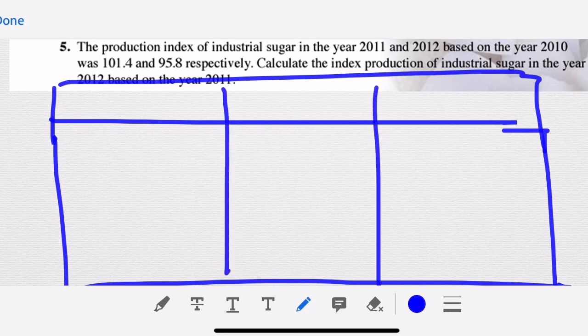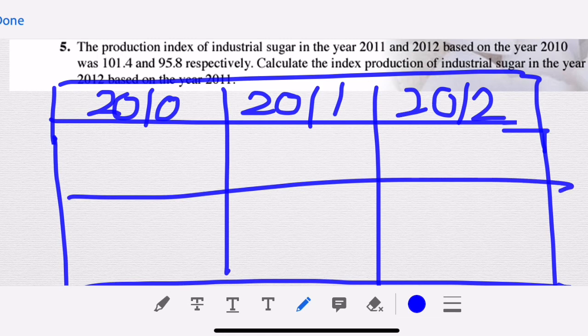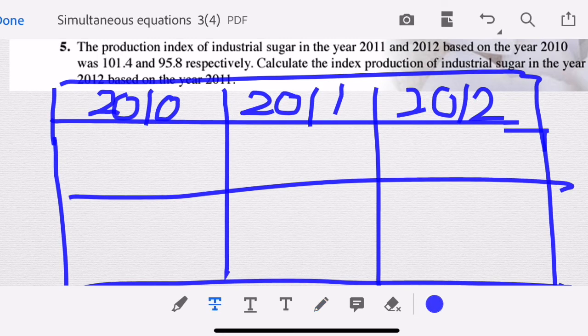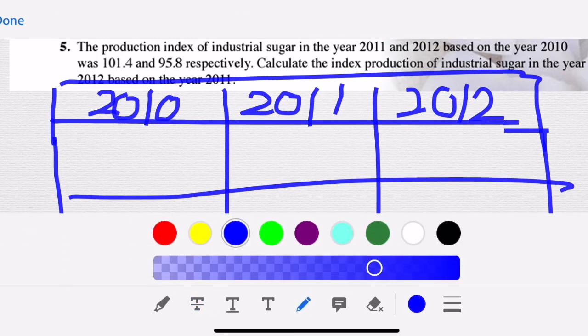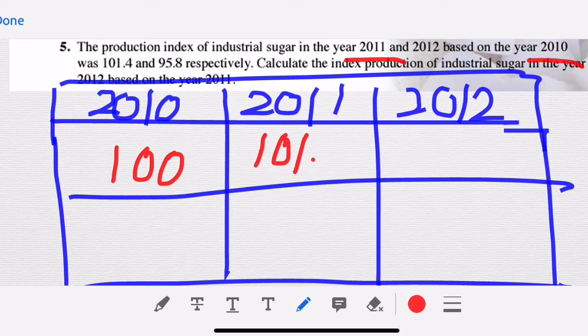So the table should have year and then three years. So we have 2010, we have 2011, we have 2012. So we just do like that. Now we are going to plug in the 100 for the base year, right? So the 2010, 2011 based on 2010. That means here I will label as 100 because it's the base year, 101.4.